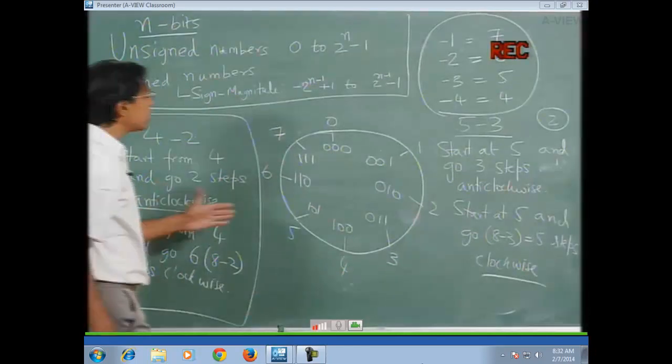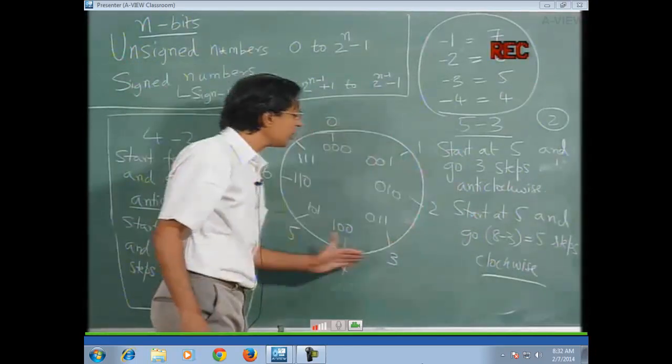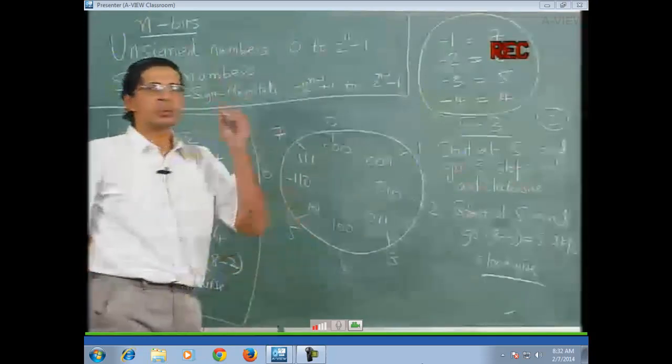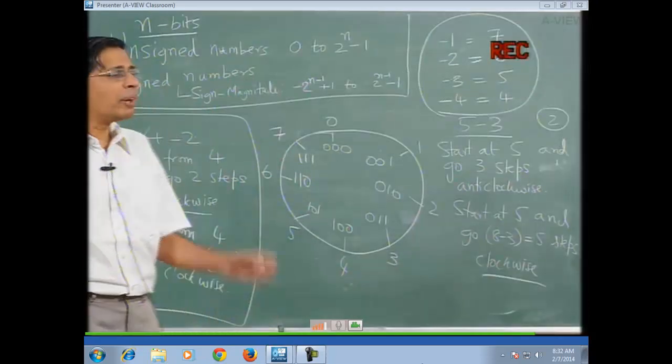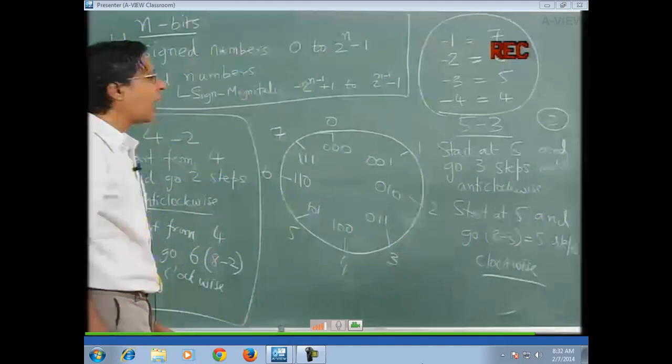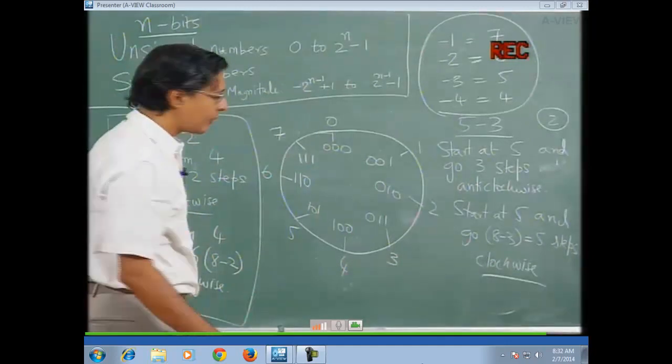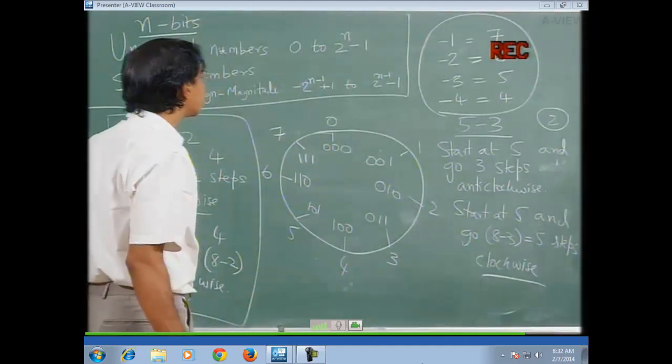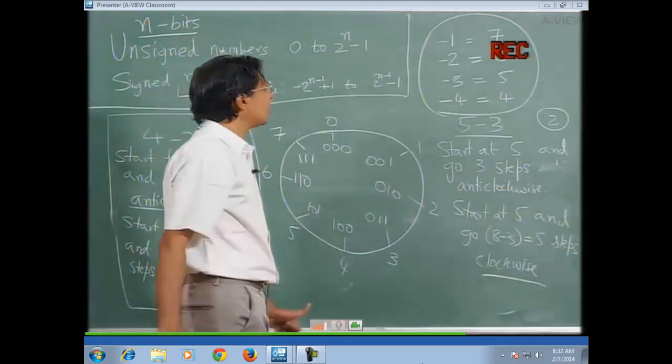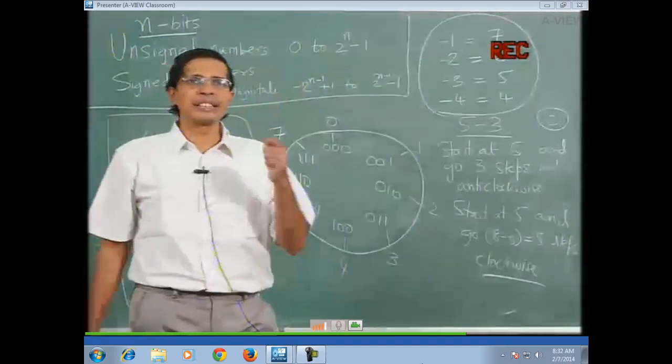Now we did this using unsigned numbers just to have some clarity. The moment I want to have signed numbers, I told you the most significant bit should represent the sign.